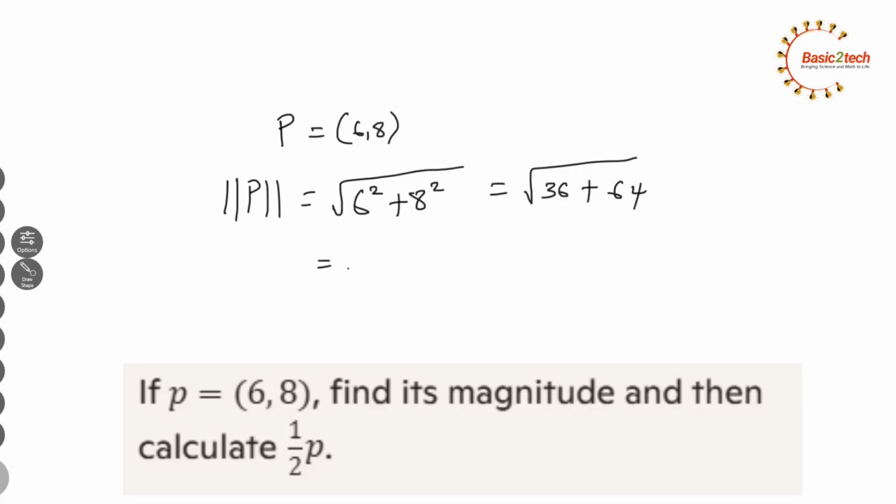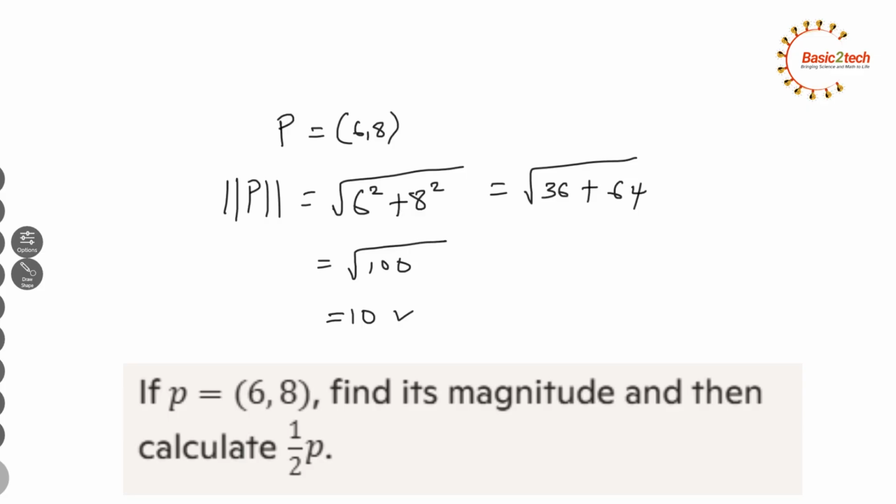So 36 plus 64 is 100, and the square root of 100 is 10.